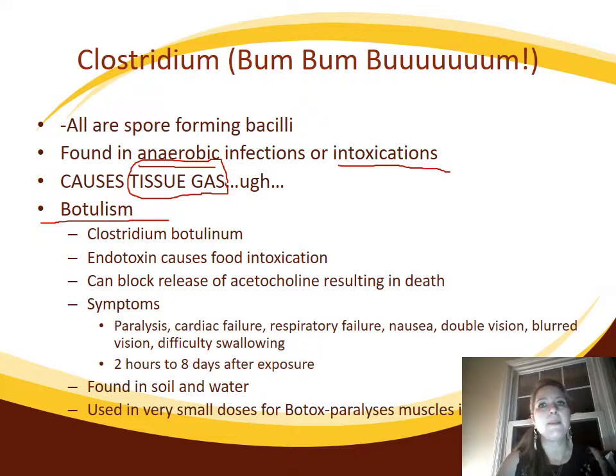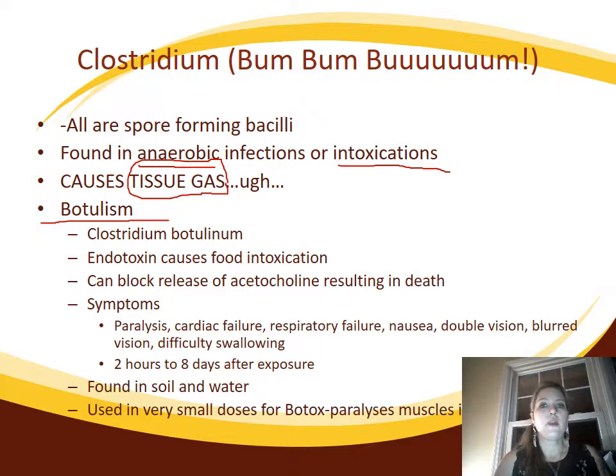It is commonly found in goods that have been canned but not at a proper temperature and pressure. So the Clostridium botulinum turns into a spore once it's been processed. You open it up, you eat it, it gets into an environment that it likes, and it's all happy and starts to grow.